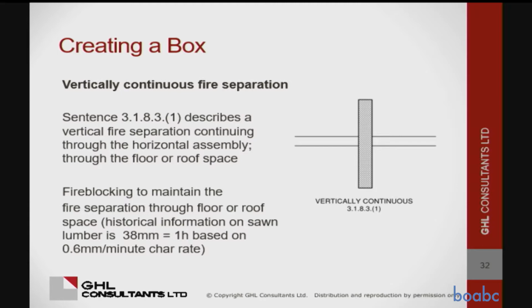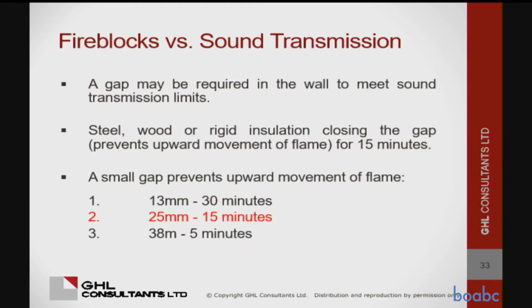So historically, the information on sawn lumber said that you get 0.6 millimeters per minute of char, and therefore a 38 millimeter fire block, basically a 2x10 or whatever, is somewhere around an hour. And we'll explain how that works in a minute.